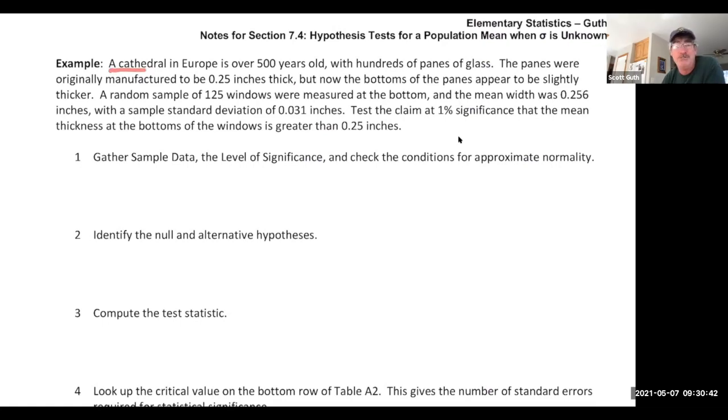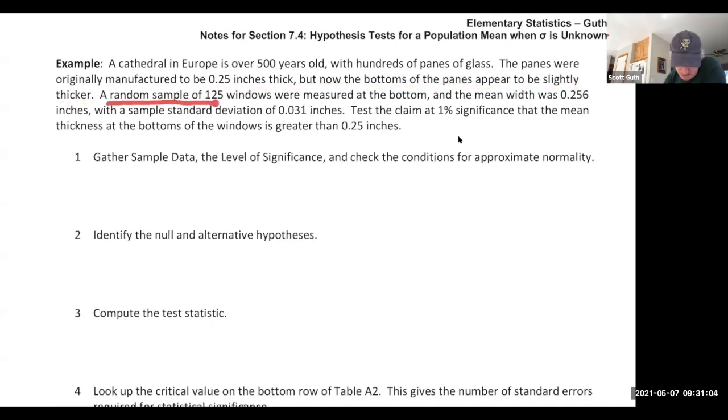I don't know where you find them, but anyway, a cathedral in Europe is over 500 years old, with hundreds of panes of glass. The panes were originally manufactured to be a quarter of an inch thick, but now the bottoms of the panes appear to be slightly thicker. Oh yeah, the glass is running.